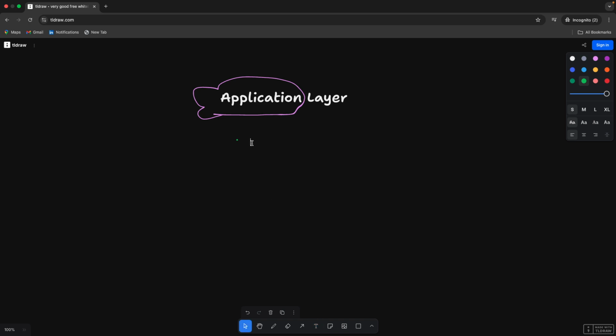For example, a web browser. Then it can be a mobile app. Then it can be, for example, YouTube, right? Again, a streaming service. So what it does is basically you are watching videos on the net, right?